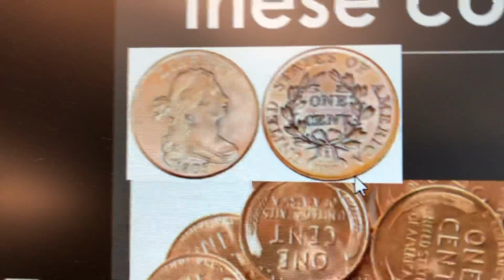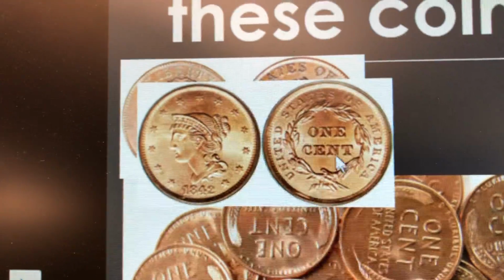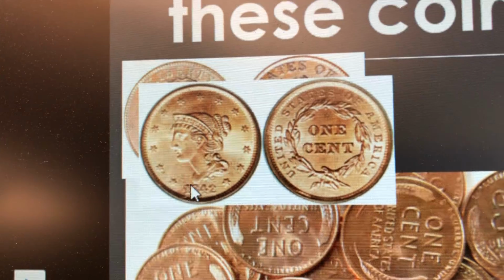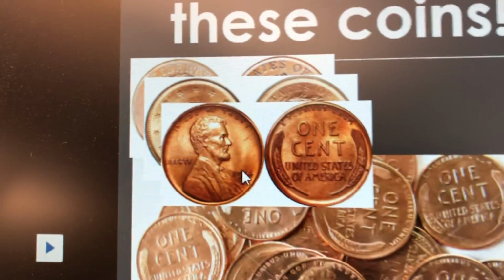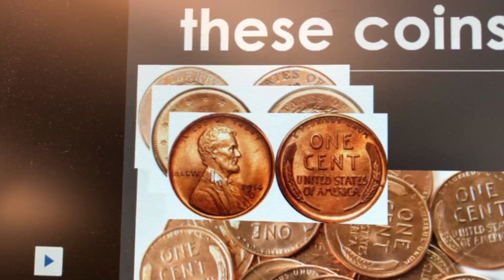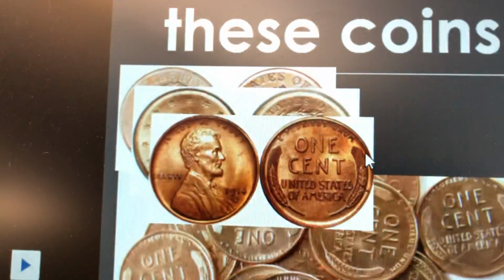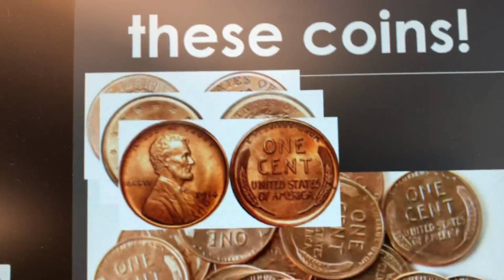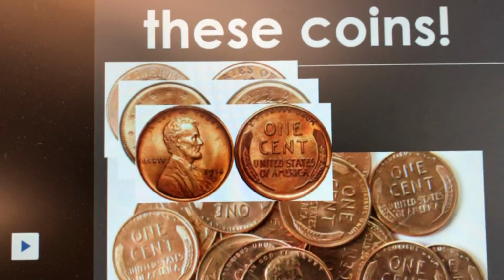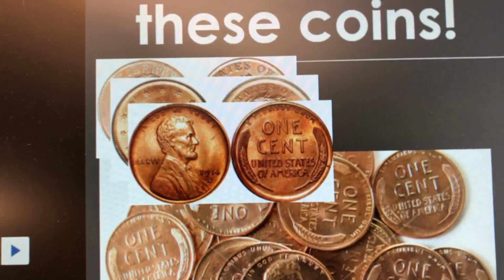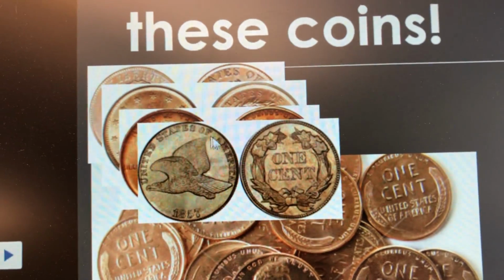Pretty cool. Just 1 cent, 1842. This is getting a little familiar. When I was a kid, we used to call these feather pennies. When I got married, my husband goes, those aren't feathers. That's wheat stalks. Okay, well, thanks for telling me.